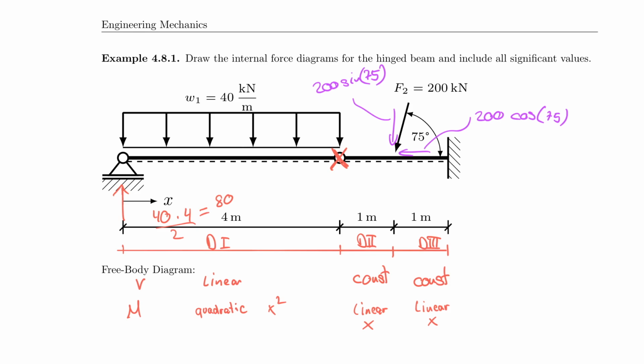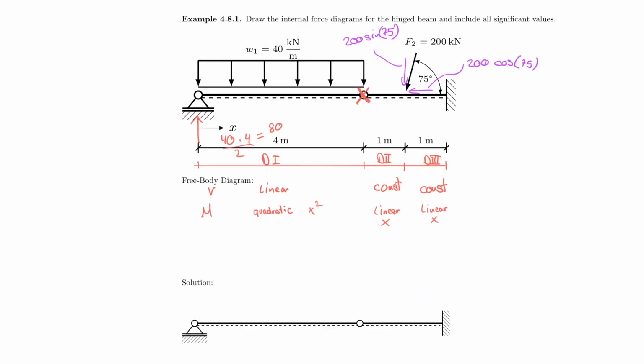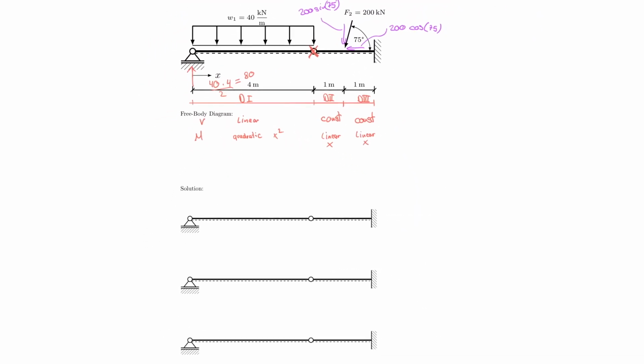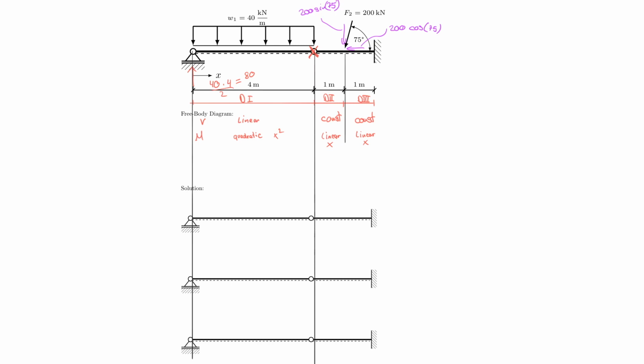All right, so now I can go ahead and use that information to deal with my system here. And what I like to do when I draw these internal force diagrams is to bring all my important domains down, if you will, like so, share them with the system so that I have all diagrams in line with each other.